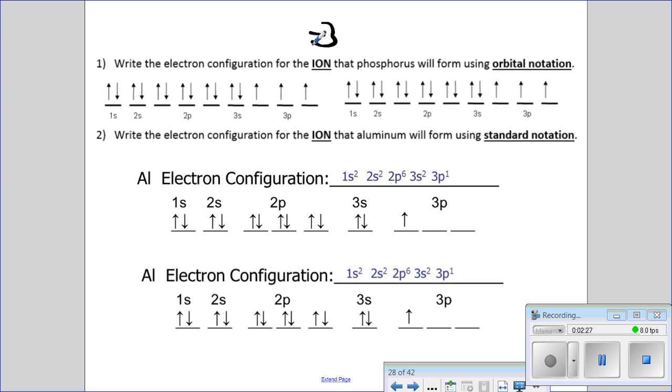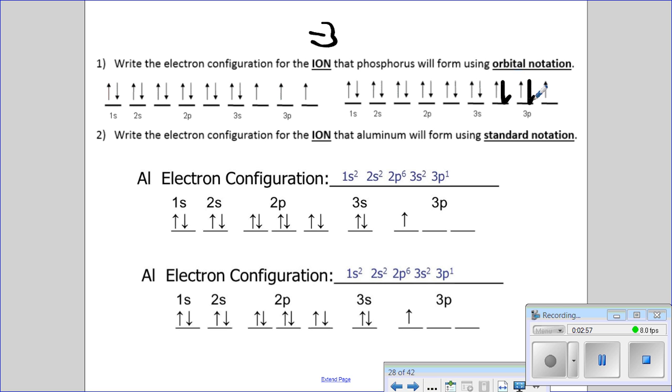And the whole point of forming ions is to achieve chemical stability, which means the atoms will form ions that will look like noble gases. So in order for phosphorus to look like a noble gas, it needs to gain 3 valence electrons, and that's what the -3 means.